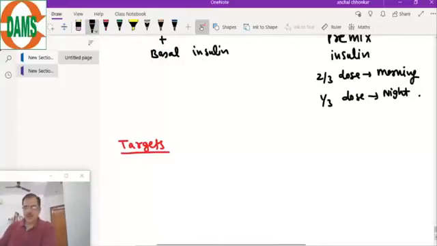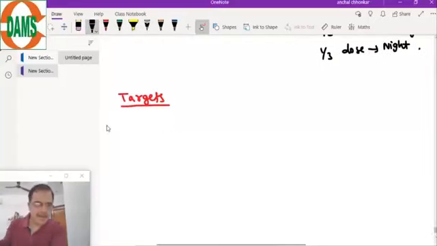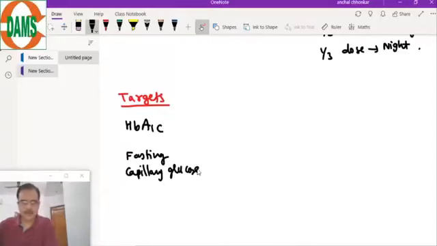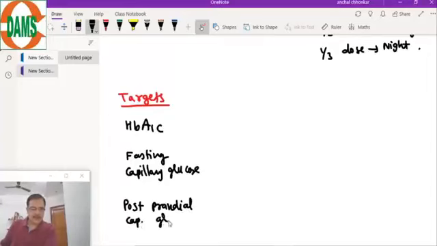The targets of the patient are mainly HbA1c, then fasting capillary glucose, then postprandial capillary glucose.